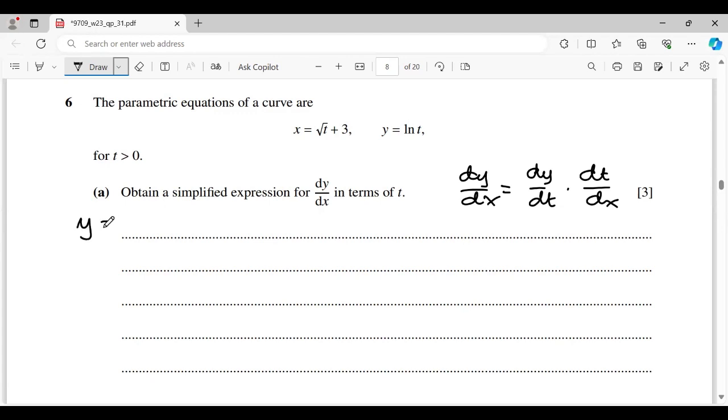If y equals ln t, it means dy dt equals 1 over t.